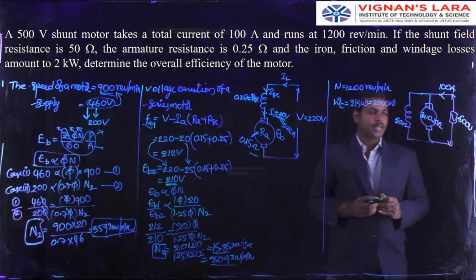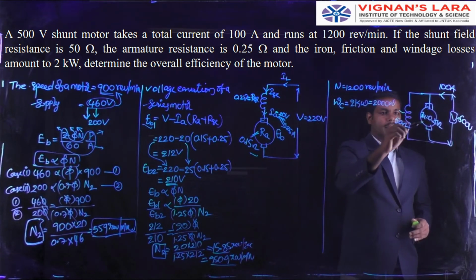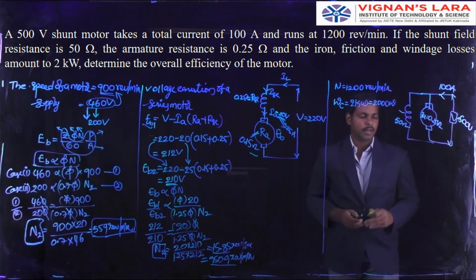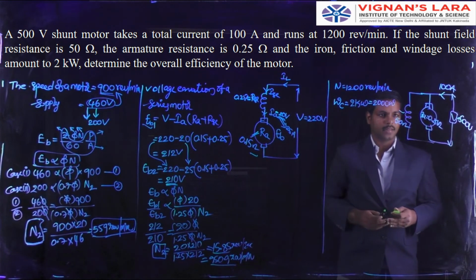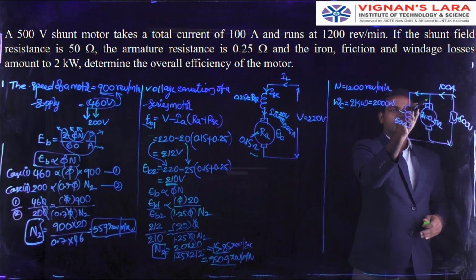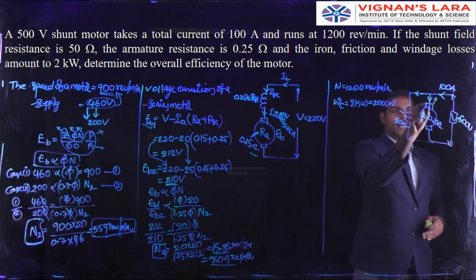motor. Whenever we have the field resistance and armature resistance, first of all we can find out two currents: the armature current and the field current.